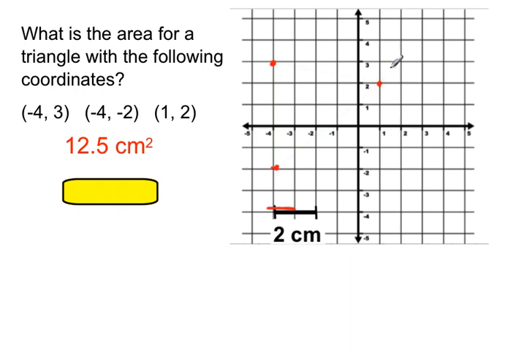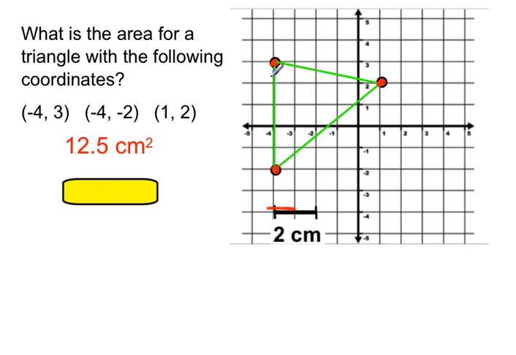And our third point is +1, +2. So there are the 3 vertices of our triangle, and then you'd want to draw in your lines, and now we have the shape of our triangle. Alright, now in this case what we'd want to do is decompose our triangle so that we have easier shapes to work with.